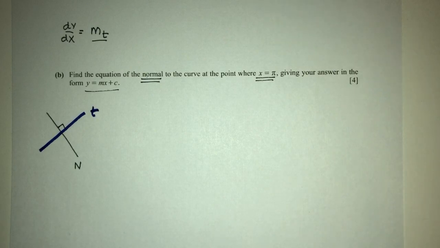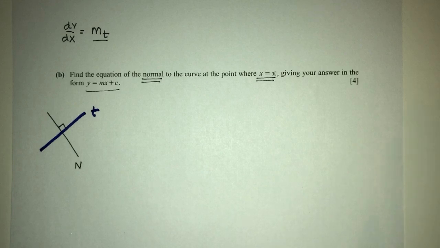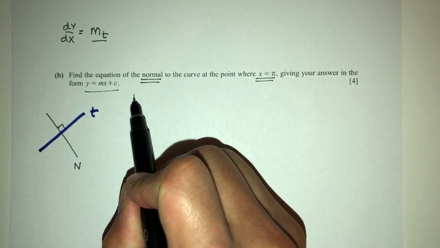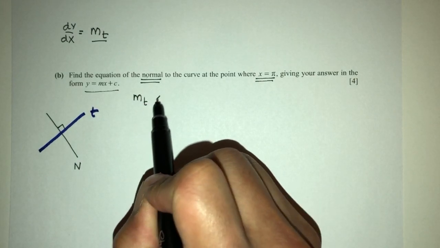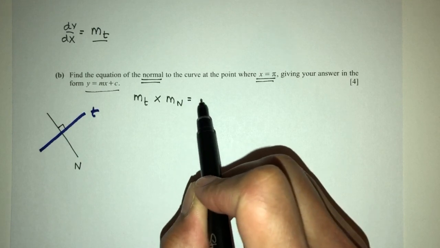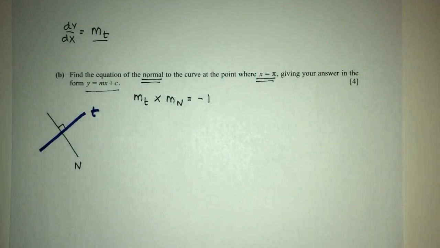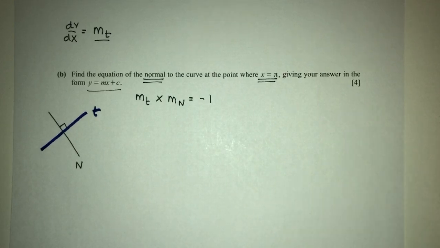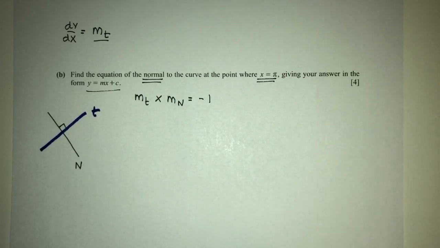To find the equation of a line, we first need to find the gradient of the line. We have the gradient of the tangent. When you multiply it by the gradient of the normal, it is going to be -1. That is something you have to know for Add Math. It is going to be coming up all the time.